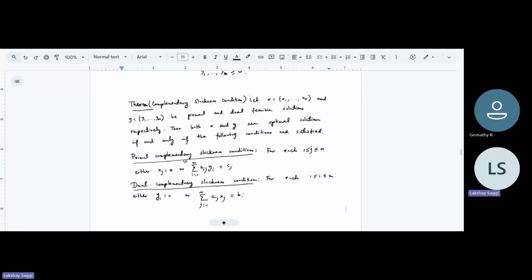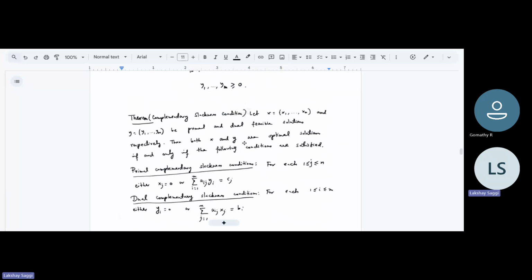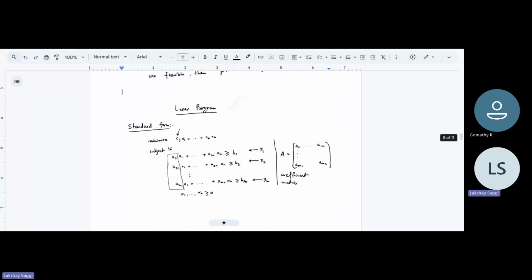So one condition is primal complementary slackness. What is primal complementary slackness? It just says that for all j from 1 to n, either xj is 0. Note that there are n variables of the form xj. So either the variable xj should be 0 or the jth constraint should actually be satisfied.